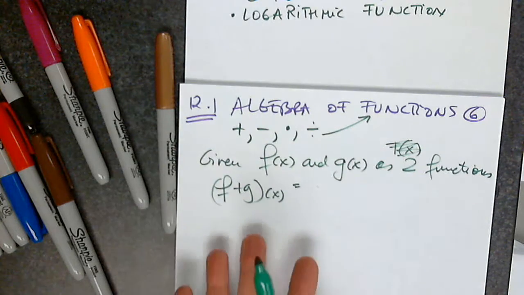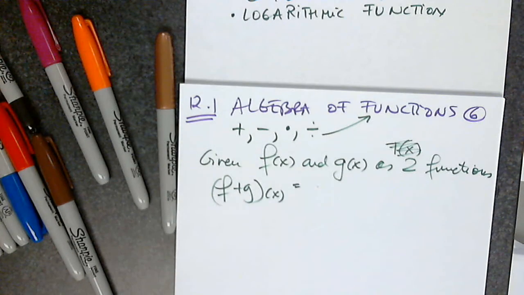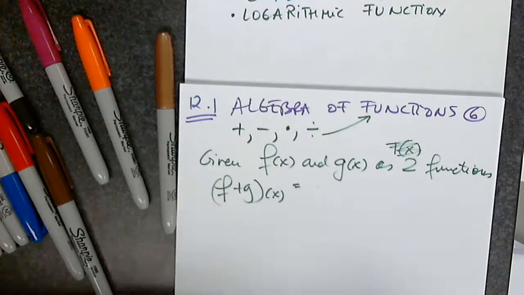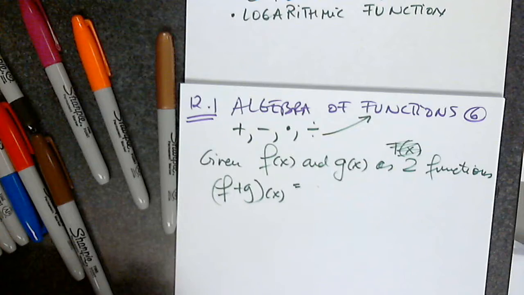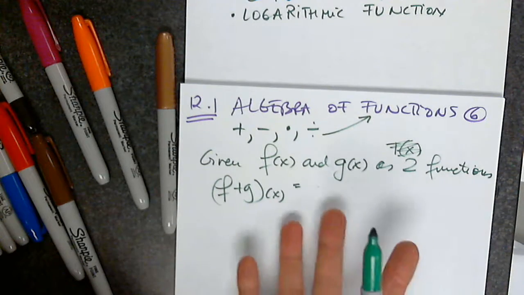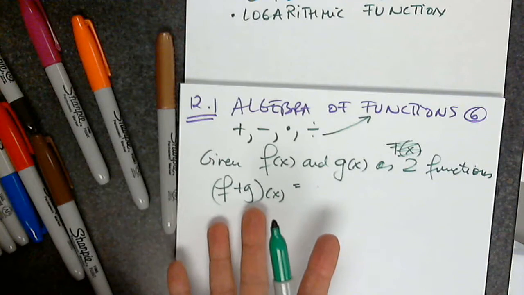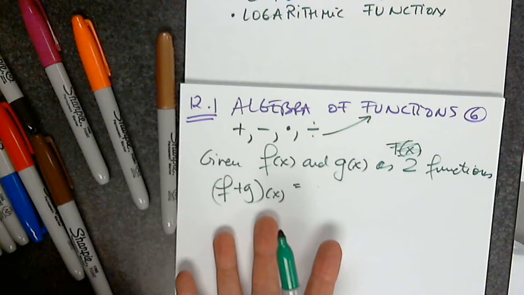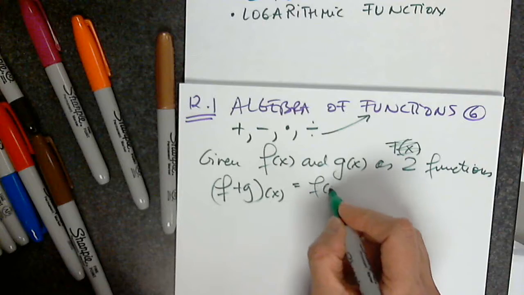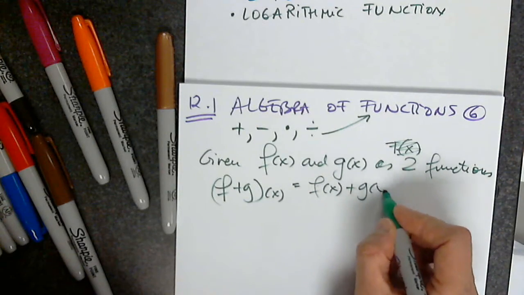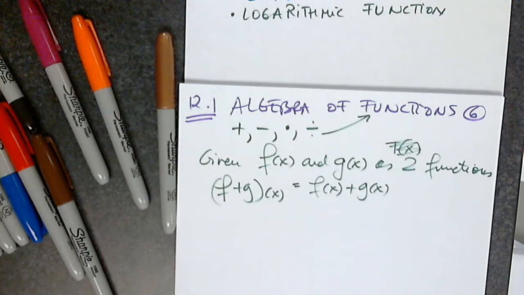But here I don't have to give you information. If I'm asking you to find this new function f plus g of x, you will know exactly what I'm asking you to do. What will you do? How will you determine this function? Exactly. You will add f of x to g of x. This is the first function that we can create if we are given two functions.